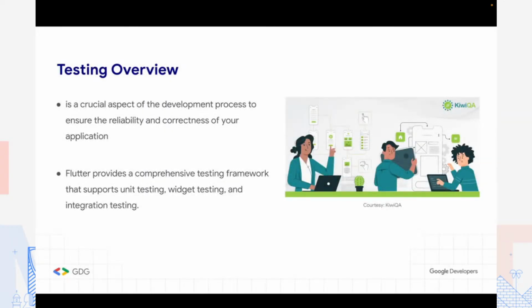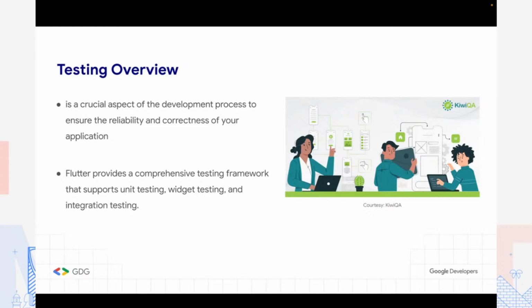Now, let's have a quick overview on testing. Testing is a very crucial aspect of the development process. If you've ever studied the steps of the software development lifecycle, you will know that testing is one of the phases. That is because testing is what decides if your app is going to be reliable and running smoothly.